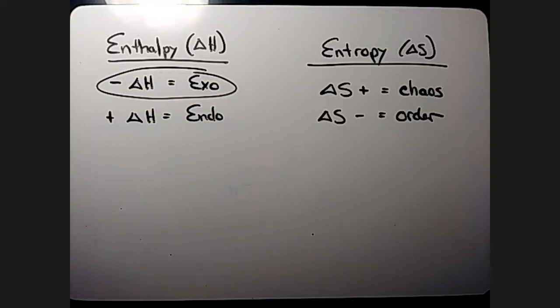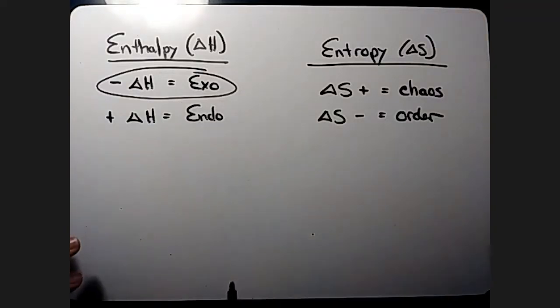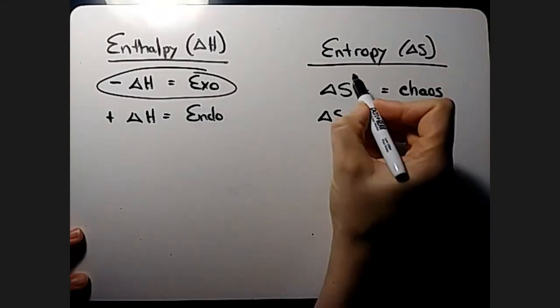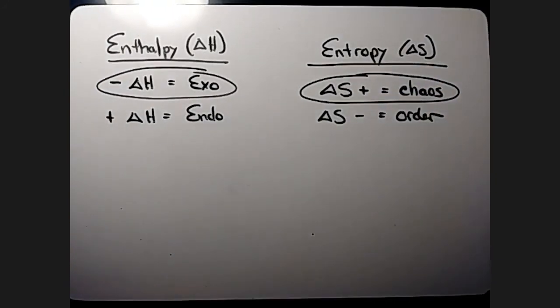However, there are still spontaneous endothermic reactions. We just need to make sure that we have a balance between these two forces. And also, we do know that thermodynamically speaking, nature would prefer delta S to be positive. It really needs to have the overall chaos of the universe increasing. So it really appreciates a positive delta S value.